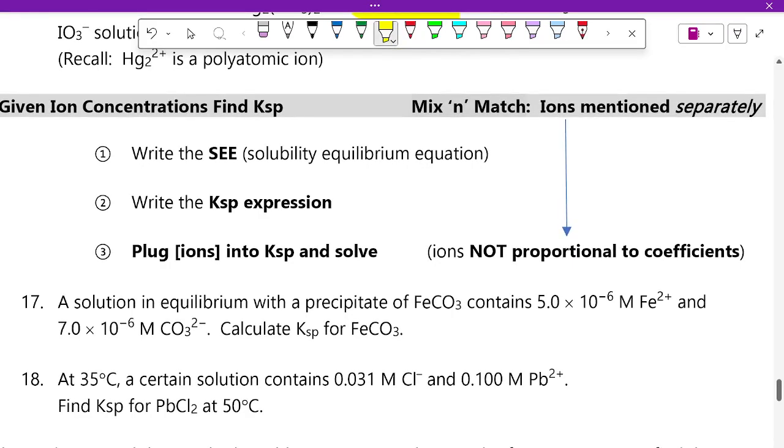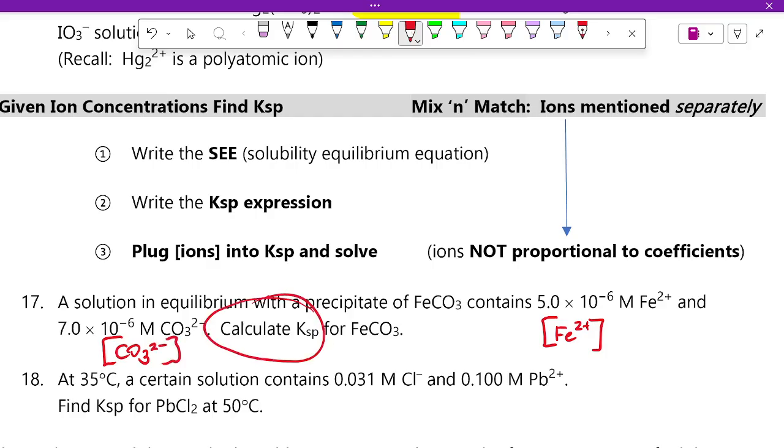And it says you have a solution in equilibrium with a precipitate of iron carbonate, you have the concentration of iron and you have the concentration of carbonate, and it asks you to calculate KSP. This is not one of those problem types we've done, but could you do that?